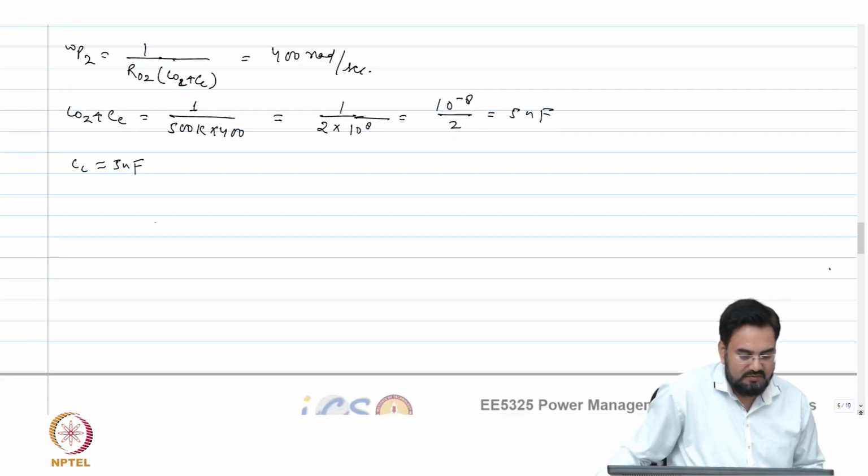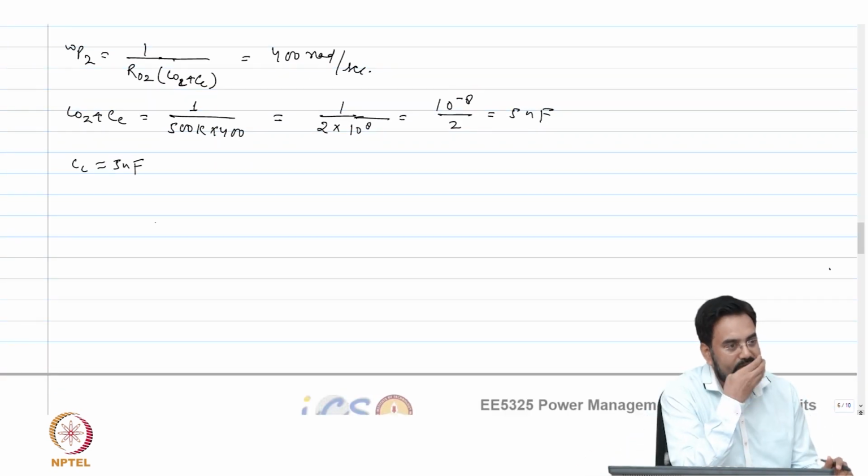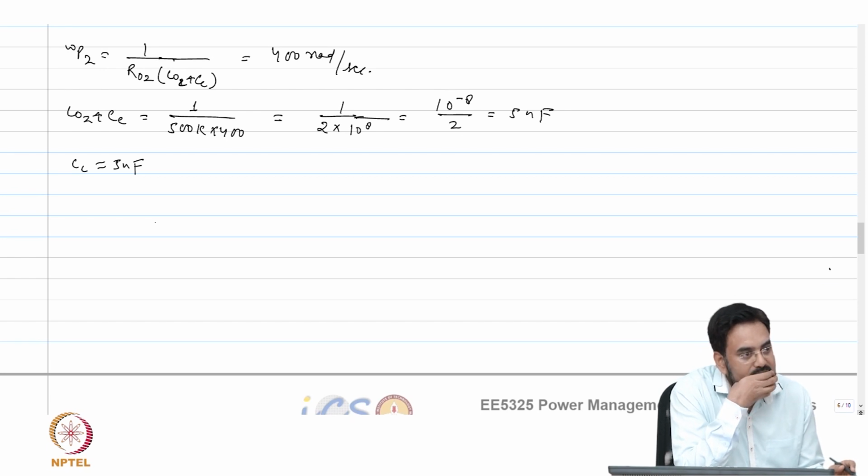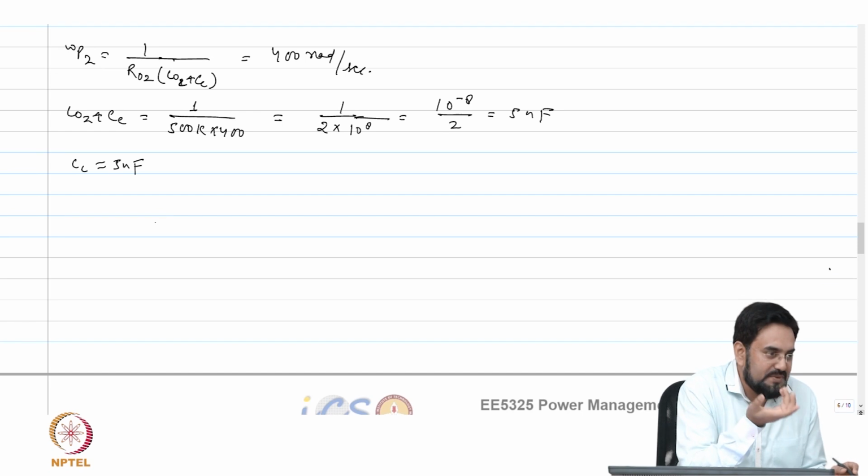So what do we need to do? If you attach the capacitor between the stages, we require Miller compensation. Okay.